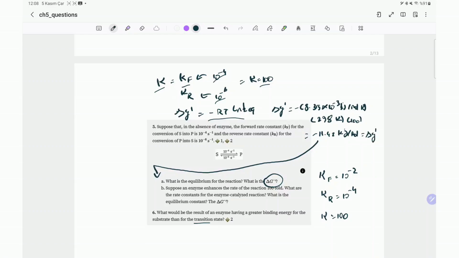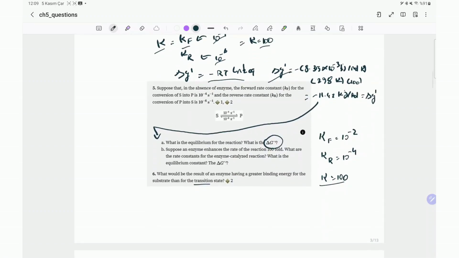And when we increase the enzyme's rate by 100, the K forward is 10 to the minus 2 and K reverse is 10 to the minus 4, which again gives a K value of 100, so the delta G will not change.